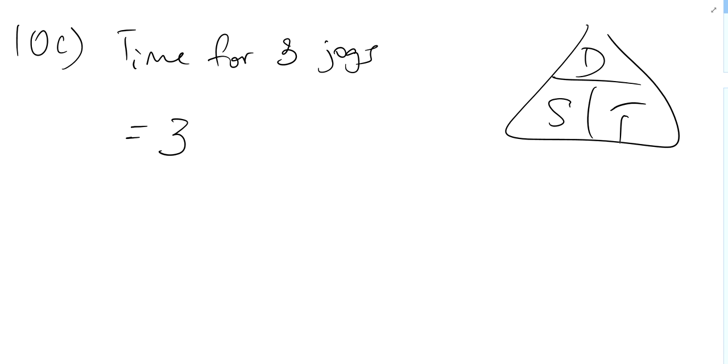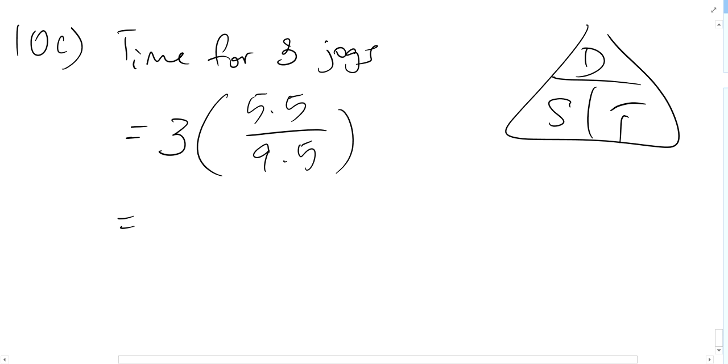We found from 10A. Distance is 5.5 kilometers. So 5.5 divided by the speed, 9.5. So we get our answer in time, 104.21 minutes. So this is the time taken for 3 jogs.